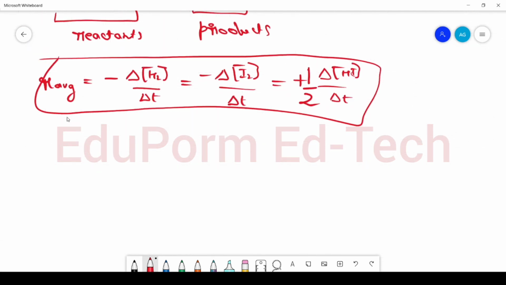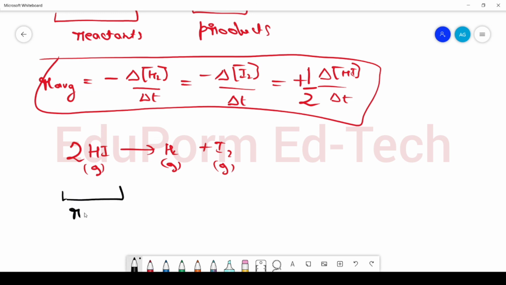Now let me reverse the reaction. For example, I have 2HI gas. It converts into H2 gas plus I2 gas. So again in this case, this is present on the left hand side, so it is the reactant.